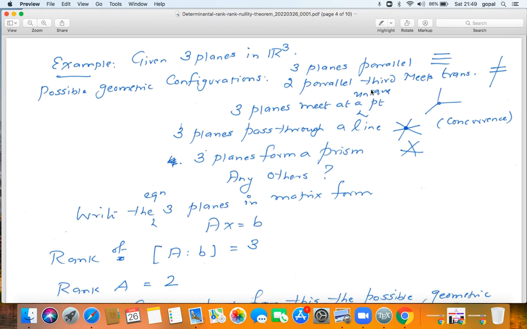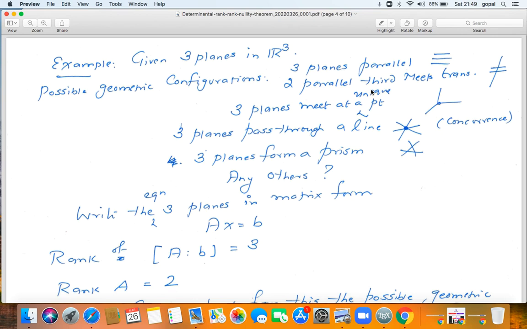So now you have three planes in R3. What are the possible geometrical configurations of three planes in R3? The three planes could be parallel, or two of the planes could be parallel and the third could meet them transversely.